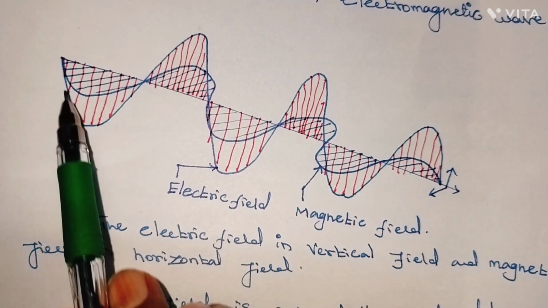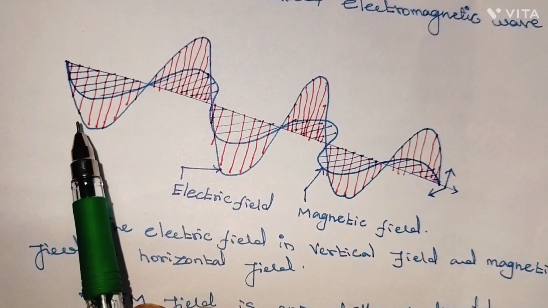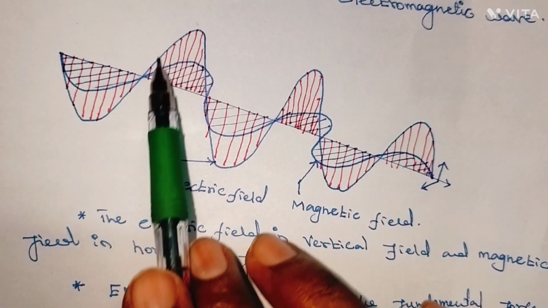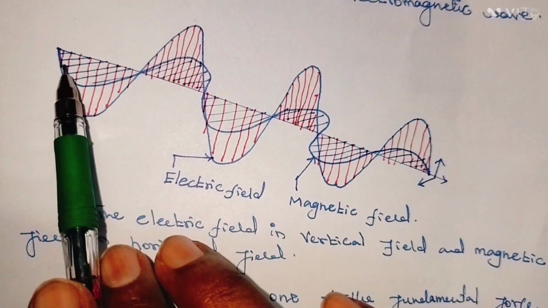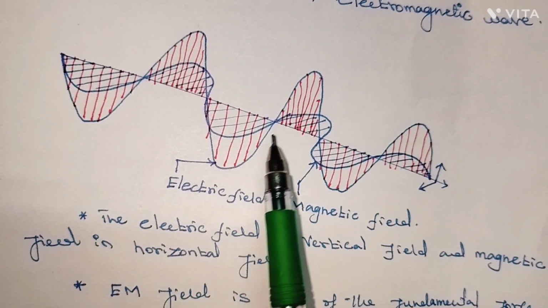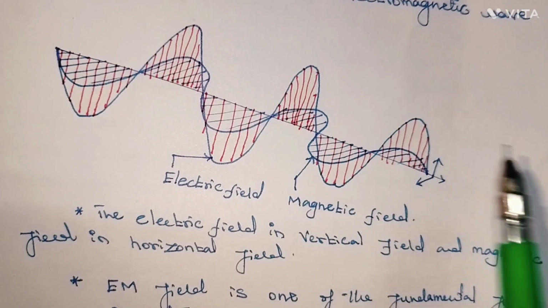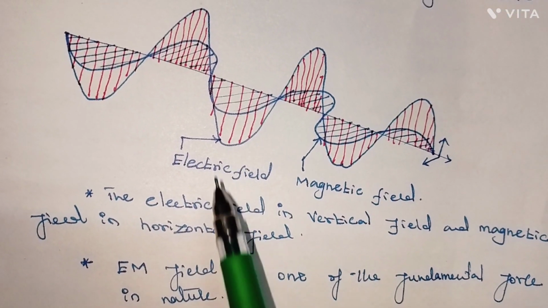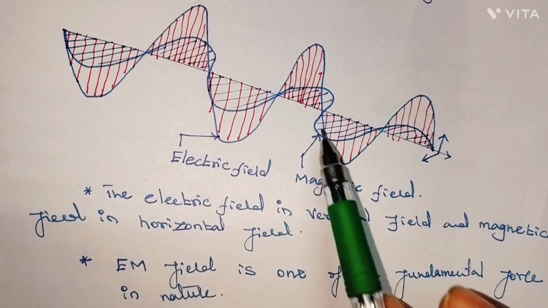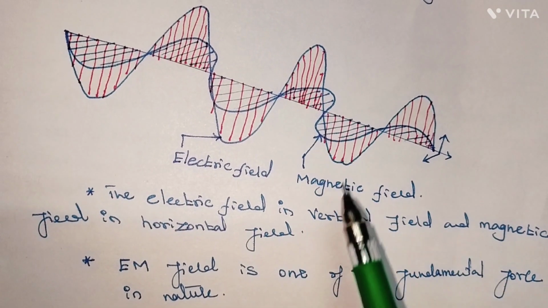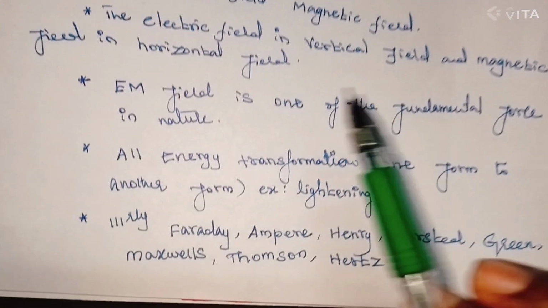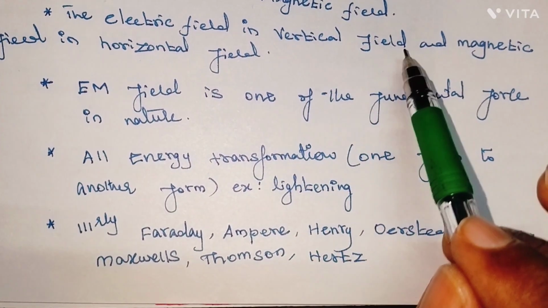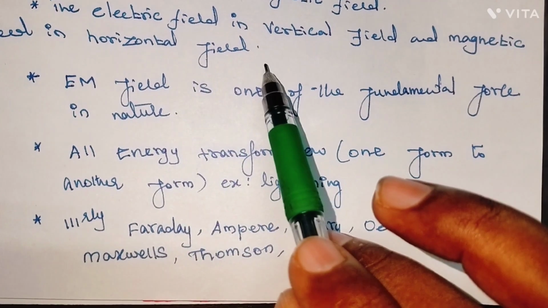Here we have two types of waves, one vertical and the other horizontal. These vertical lines are the electric field, and these slanting waves, the horizontal lines, are the magnetic field. The electric field is in the vertical plane and the magnetic field in the horizontal plane.